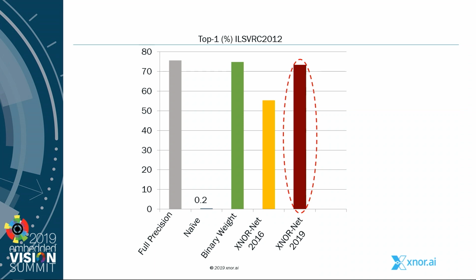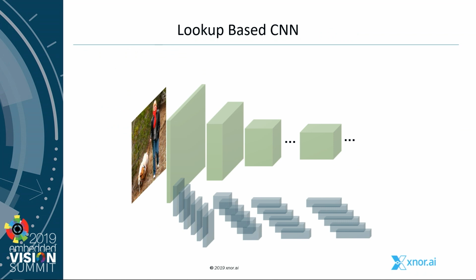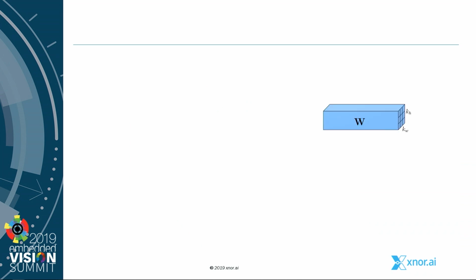The next approach to building an efficient convolutional neural network model exploits the fact that these convolutional neural networks are usually over-parameterized, meaning that there are many redundant parameters in a single network. Let's look at one of those parameters, known as weight filters, assuming a 3x3 weight filter.